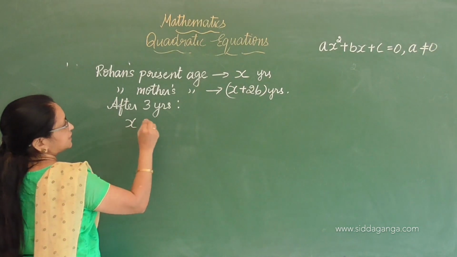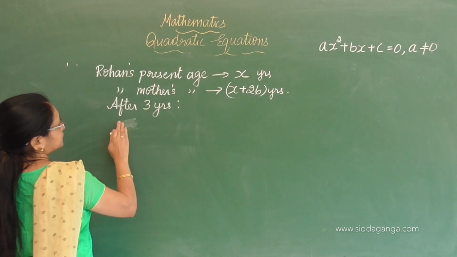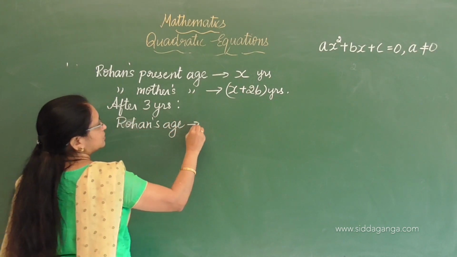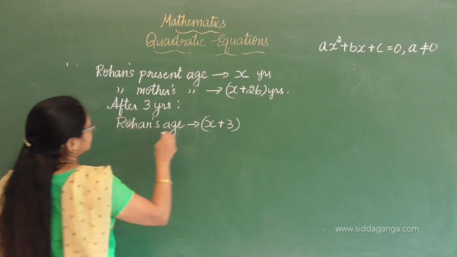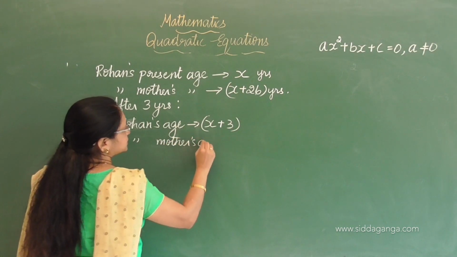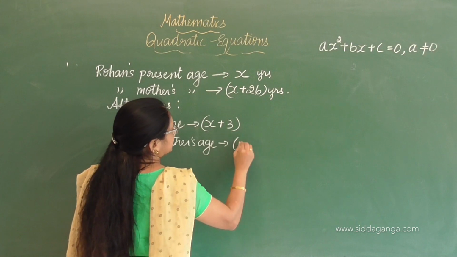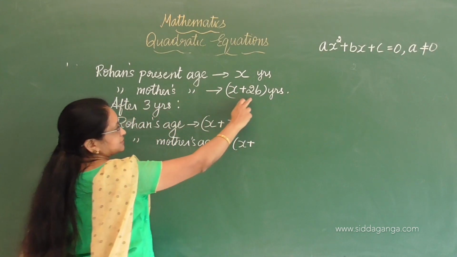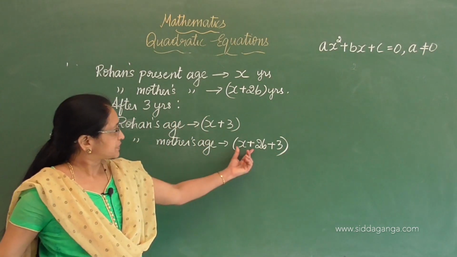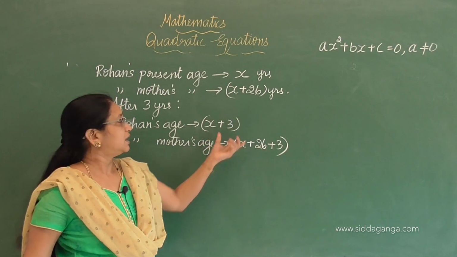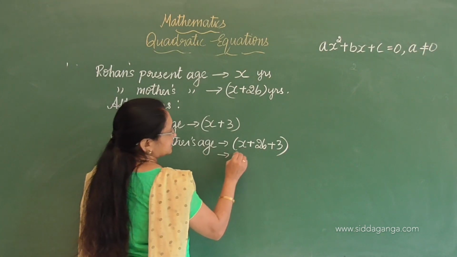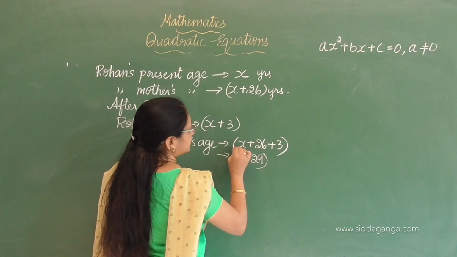After 3 years Rohan's age will be x plus 3. Then Rohan's mother's age will be x plus 26 already, and we are going to add 3. I hope it is clear. x plus 26 is the present age. After 3 years she will be x plus 29 years.